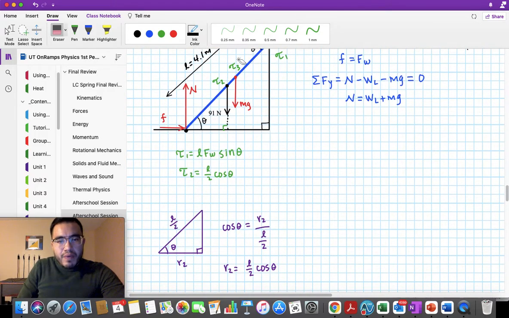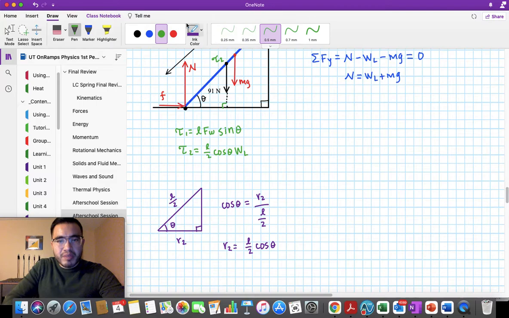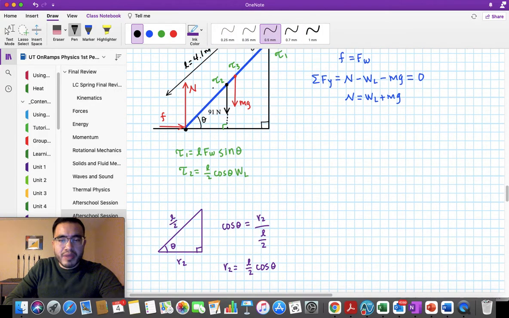And then for torque number 3, oh, wait, I didn't put the force. The force is the weight of the ladder. There you go. Now for torque 3, I'm going to use the weight of the kid. And the distance is going to be very similar to torque 2, but now I'm not using half the ladder.